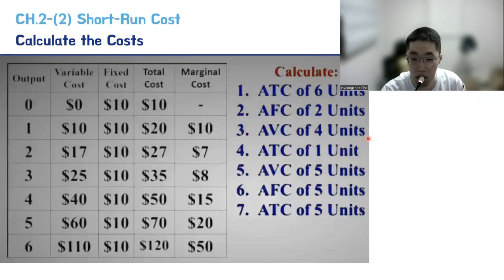And after this, calculate the average variable, average fixed, and average total cost for 5 units.